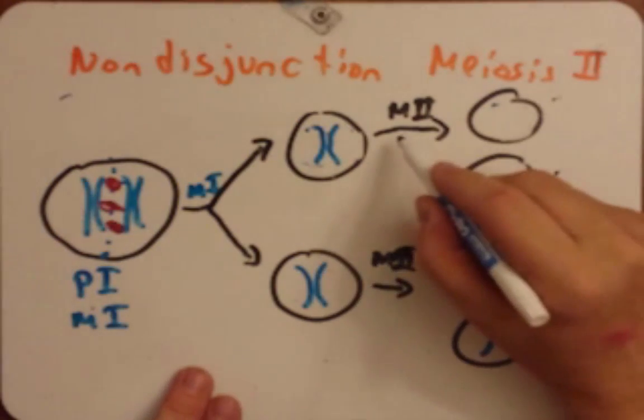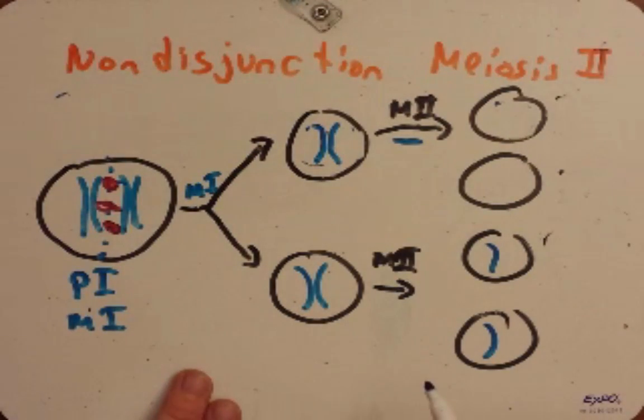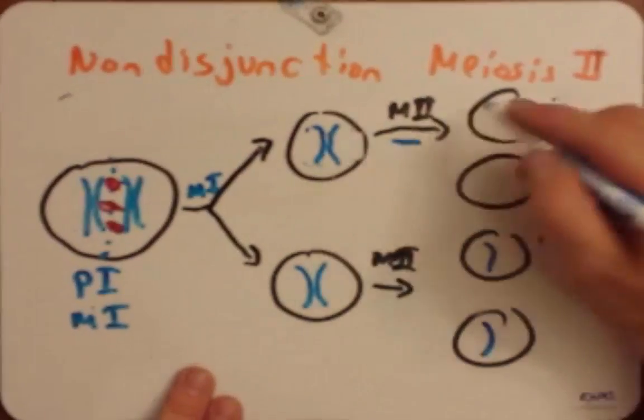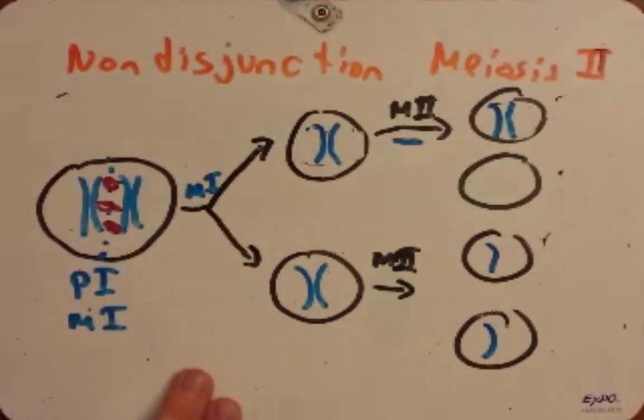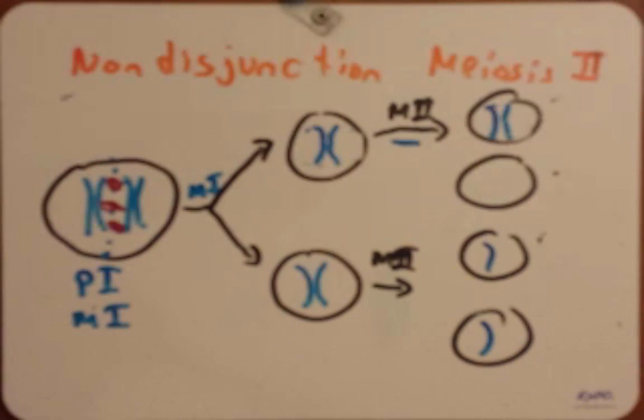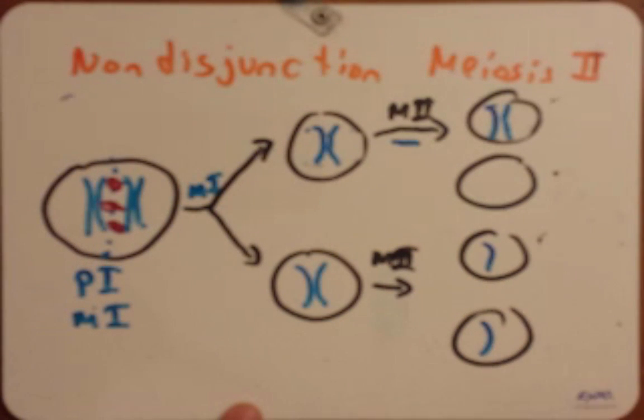Now, again, nondisjunction in meiosis 2, these 2 sister chromatids fail to come apart. And so now what we end up with is one of the cells like this, with 2 copies of this chromosome in, and this cell with none. Now just like we said before, when this egg, or sperm I should say, fertilizes an egg, it will produce a progeny that has 2 copies of this chromosome, because the egg also has 1.